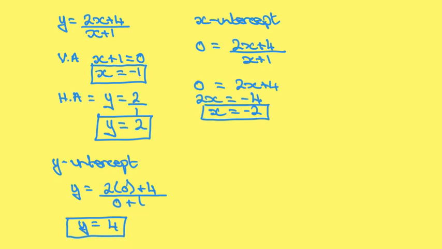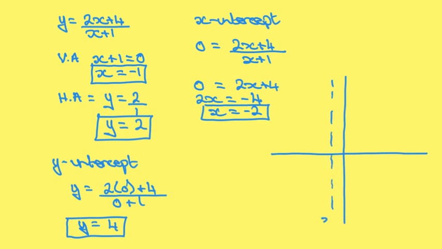Now we can sketch our graph, so let's draw our axes. Let's put in our asymptotes, so we've got a vertical one at x equals minus 1 and a horizontal one at y equals 2.